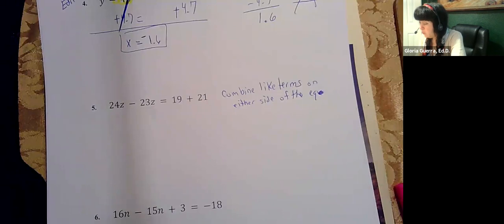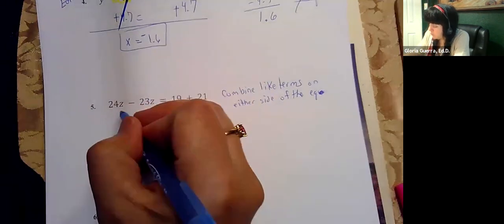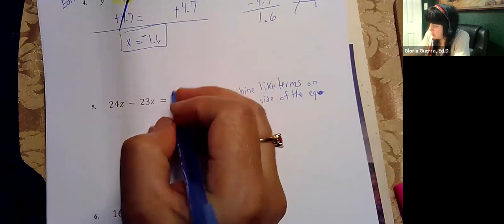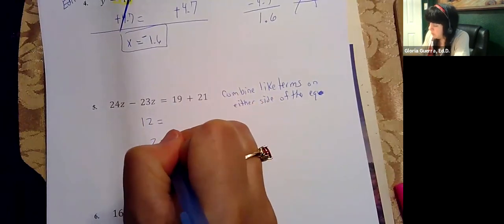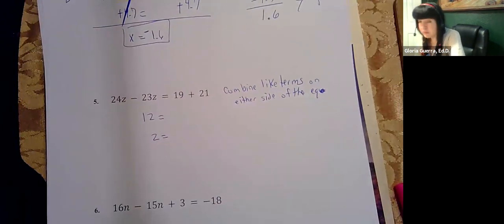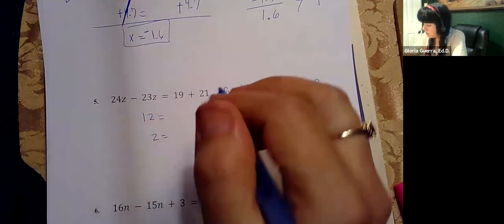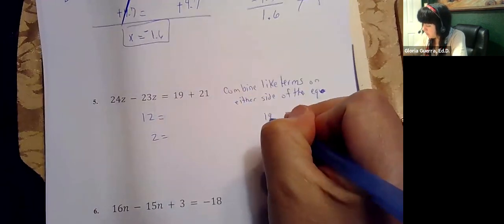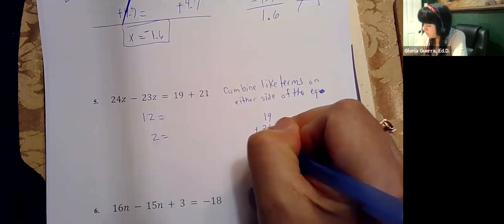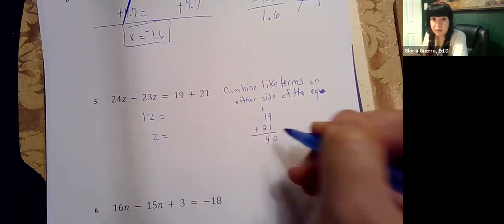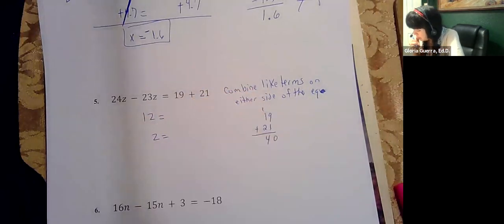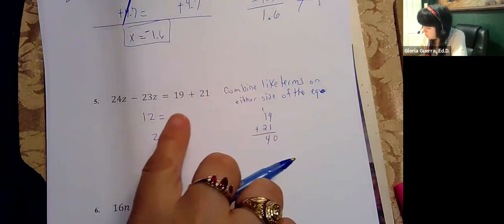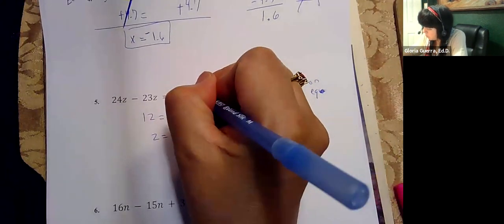So let's see. When I combine like terms on this side, 24z minus 23z, that's just 1z, which is just z. And 19 plus 21, if I add 19 and 21 up, you can use your calculator. 9 and 1 is 10. Some of you probably already did that and found it to be 40. So that is 19 and 21. These are constants.